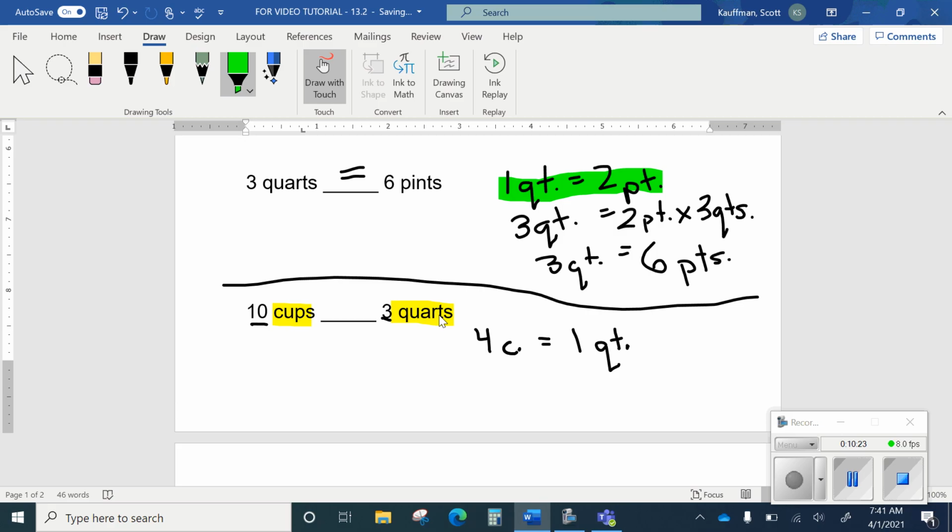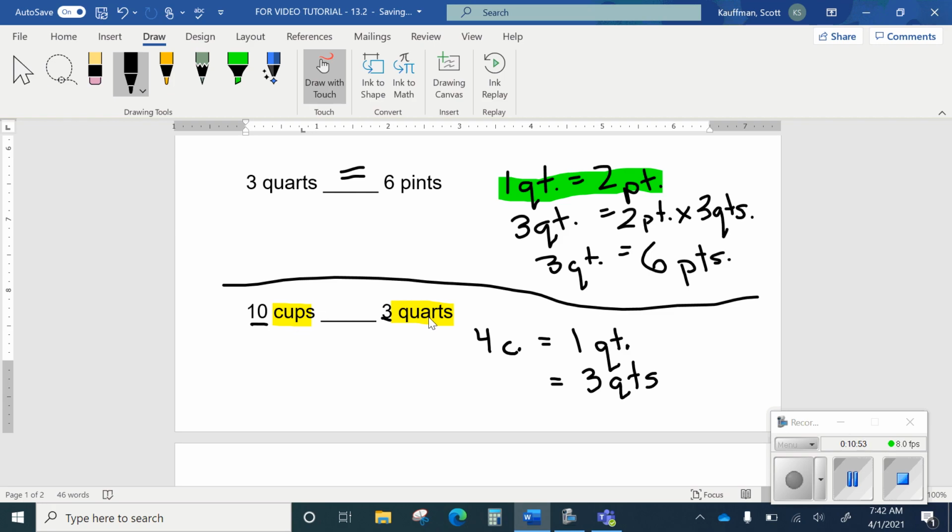So there's a couple ways we could solve the problem. I'm going to just do it the way that we have it here. Okay, so just like before, I don't want to know 1 quart. I want to know 3 quarts. So I'm going to put my 3 quarts down here. The only difference is that we're just going to do it a little bit backwards because the way that the problem is set up and given to us is a little bit backwards.